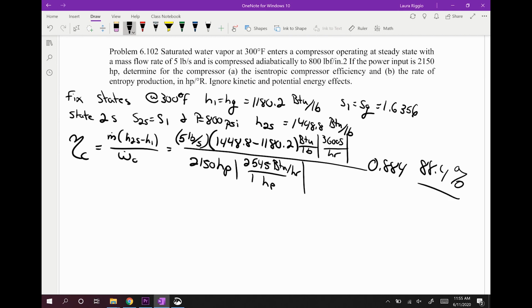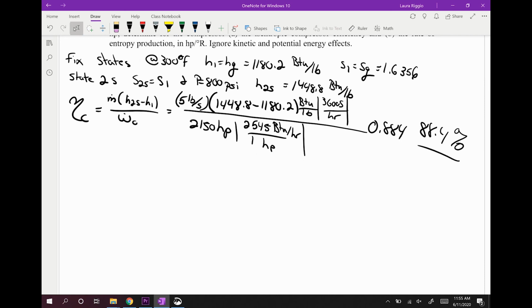For entropy production, we need state 2. We're going to do an energy balance.